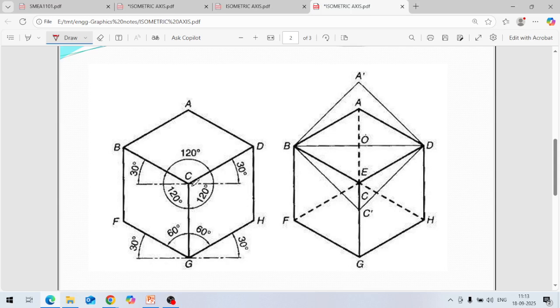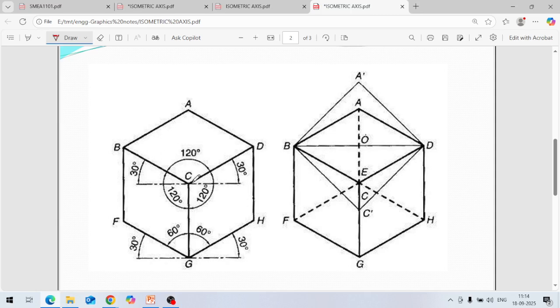This line from horizontal is at 30 degrees like this, and this BC line is also at 30 degrees from horizontal. So these two are horizontal axes and one is the vertical axis. This line CG is the vertical axis.